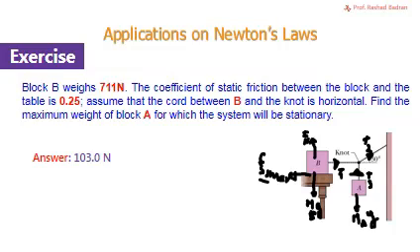Then you'll get an equation from the block A, as T3 equals MAG, and you have two equations for the node, one along the x-axis, that is T2 cosine 30 minus T1 equals 0.